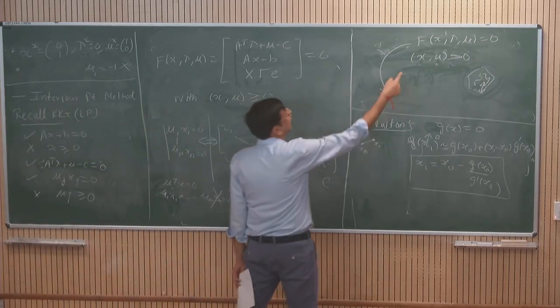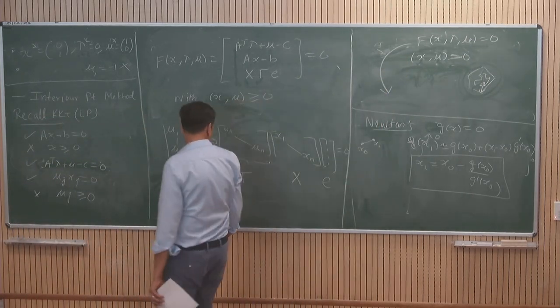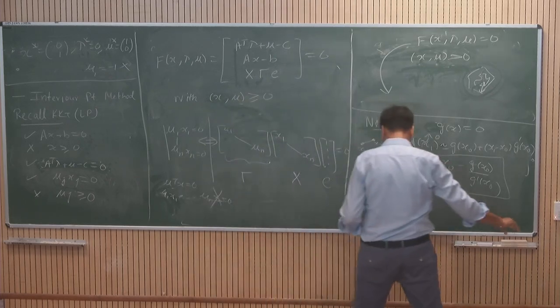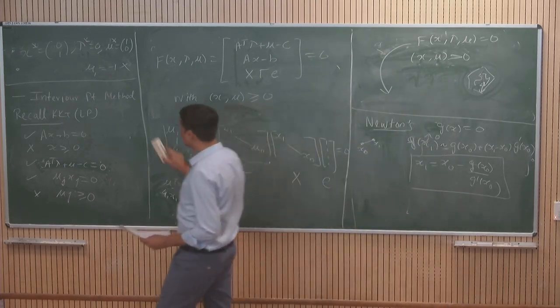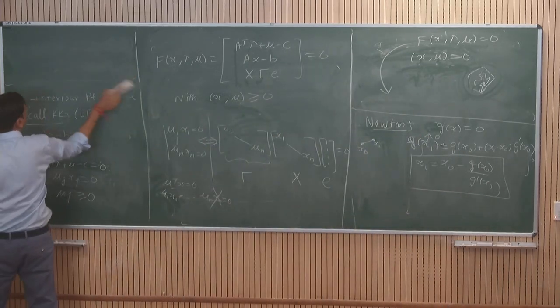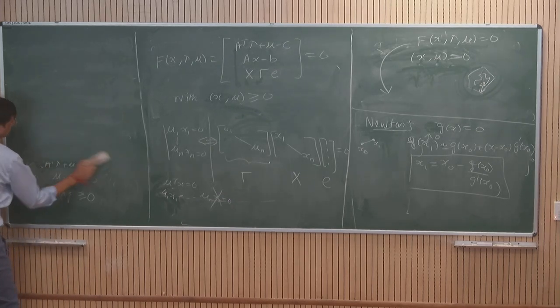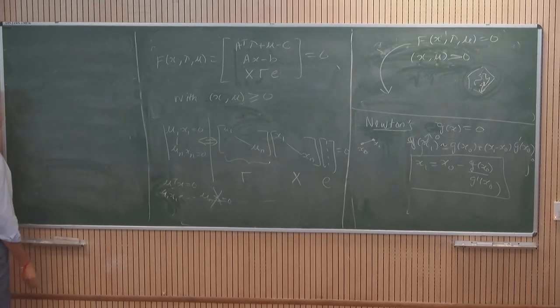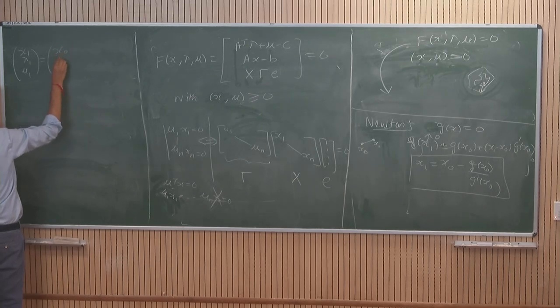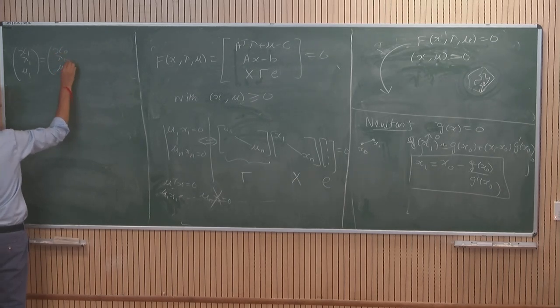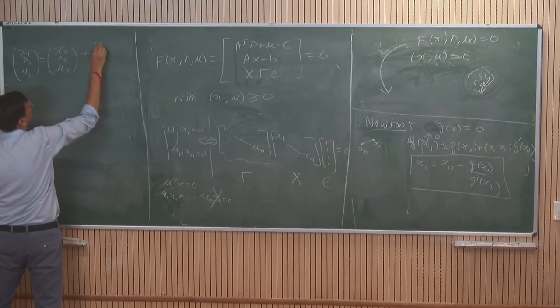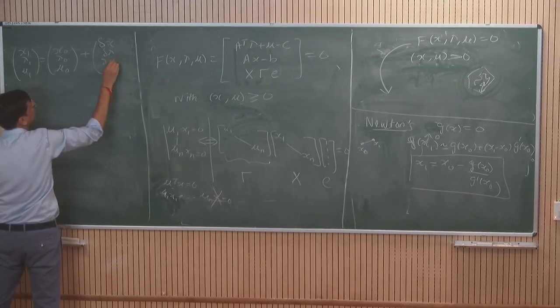So if I have to apply the numerical Newton method on R of x, then what did it be? Tell me. So we'll say x1, lambda1, mu1 is equal to x naught, lambda naught, mu naught plus this delta x, delta lambda, delta mu.